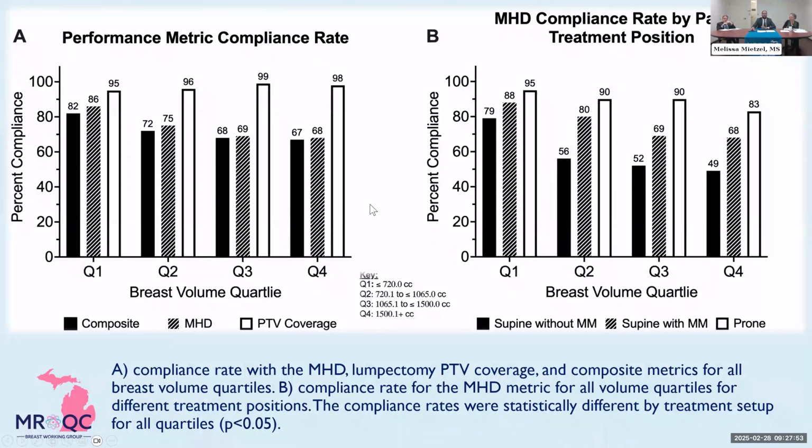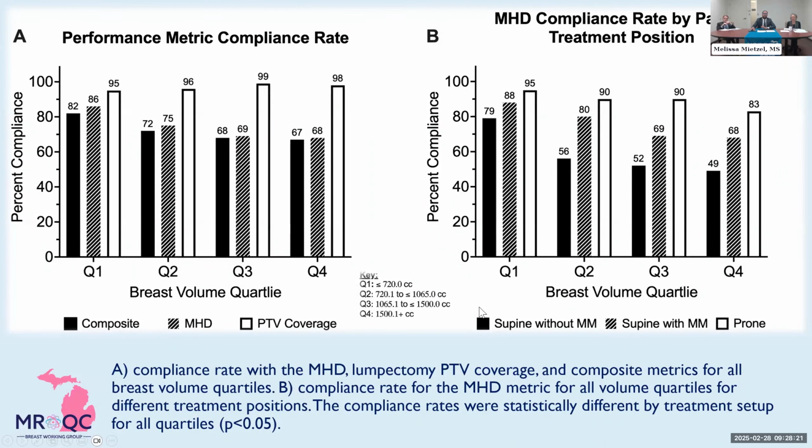If we focus solely on the mean heart dose metric, since that is what is driving the decrease in compliance rates, again, the y-axis is percent compliance, and the x-axis is the breast size quartiles, with Q1 having the smallest breast sizes and increasing towards Q4, which has the largest breast sizes.